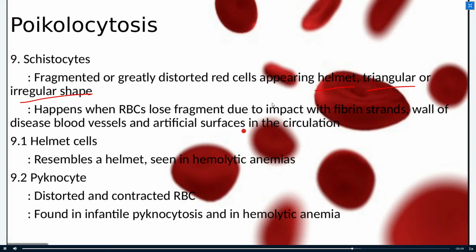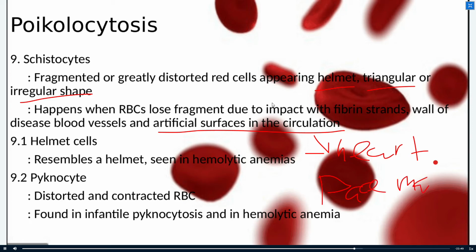Class, can you give me a device, an artificial device that could be inserted into your blood circulation? Specifically, the heart. Anong device yun? Okay, we have your so-called pacemaker.